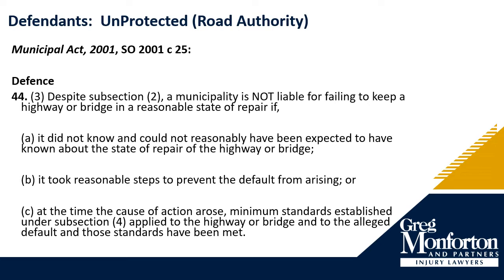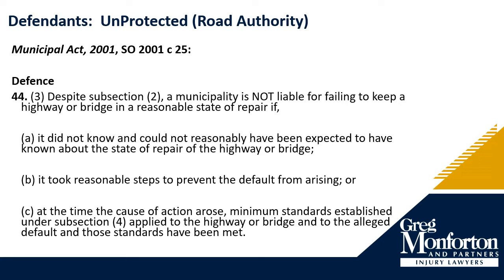Now, Section 44, subsection 3 sums up a lot of what I've just indicated. So just to recap, a municipality is not liable for failing to keep a highway or bridge in a reasonable state of repair if A, it did not know and could not reasonably have been expected to know about the state of repair; B, it took reasonable steps to prevent the default from arising; or C, at the time the cause of action arose, minimum standards applied and those standards were met.